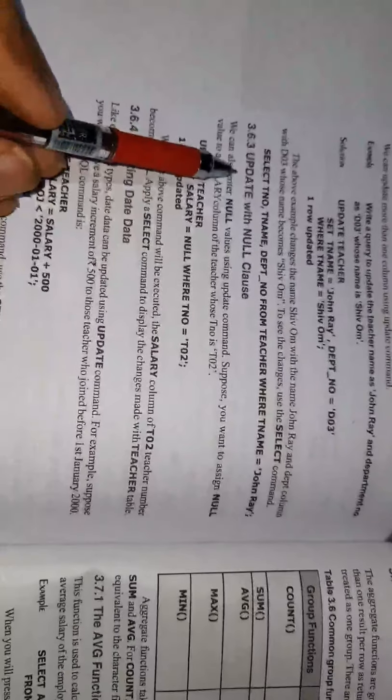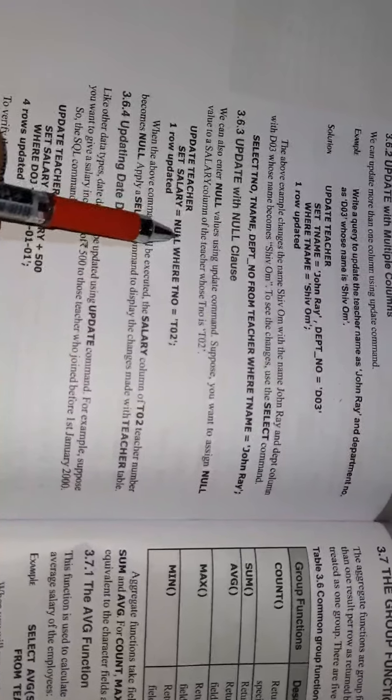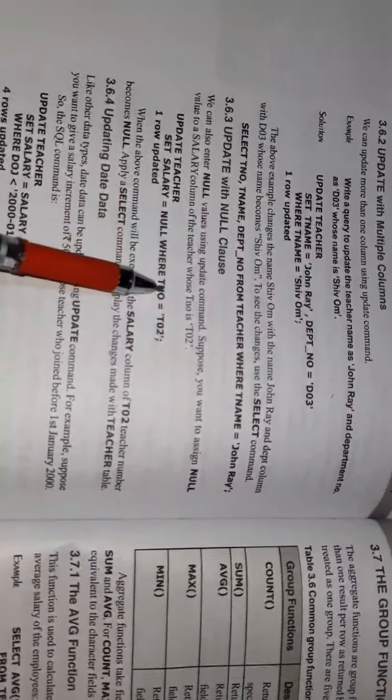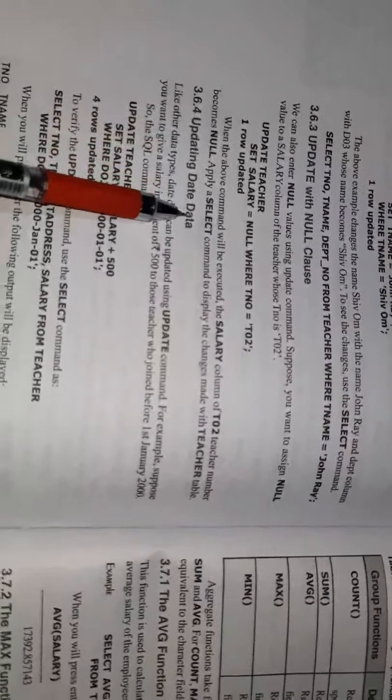Now it can also be done with a null clause. Here: update teacher set salary equals to null where T number equals to T02. That means you are making one particular teacher's salary null, whose teacher number is T02. Similarly, you can also update date data.